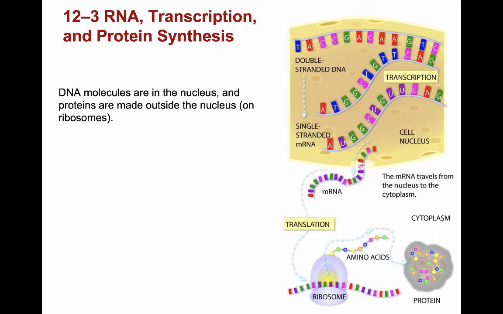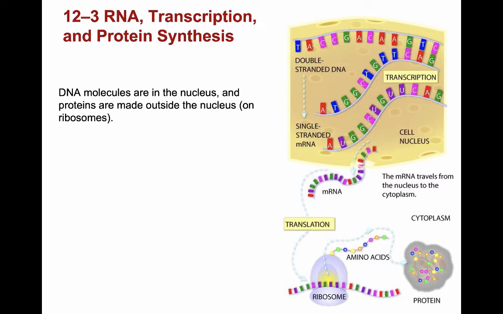So DNA is the genetic information, the information we need to build proteins. But there's a problem. DNA molecules are stored in the nucleus for good reason. Keep them safe in the nucleus, keep them away from enzymes and other chemicals out in the cytoplasm that might damage the DNA.